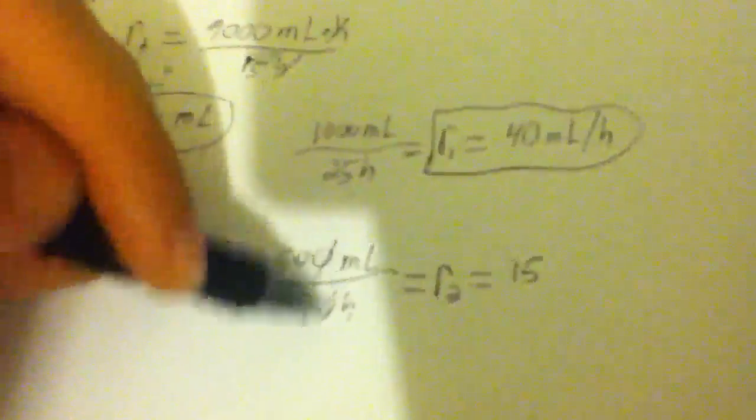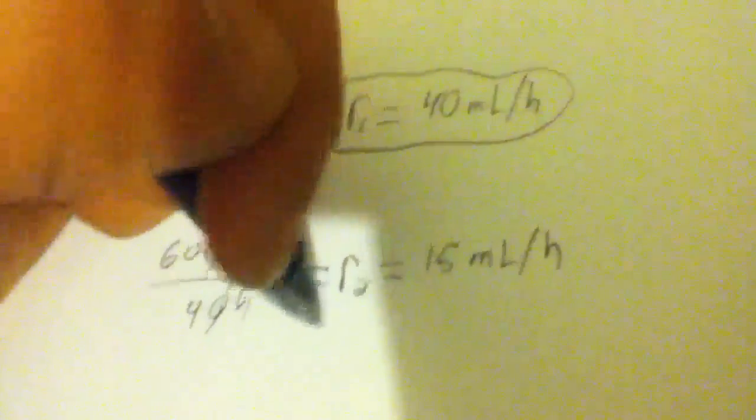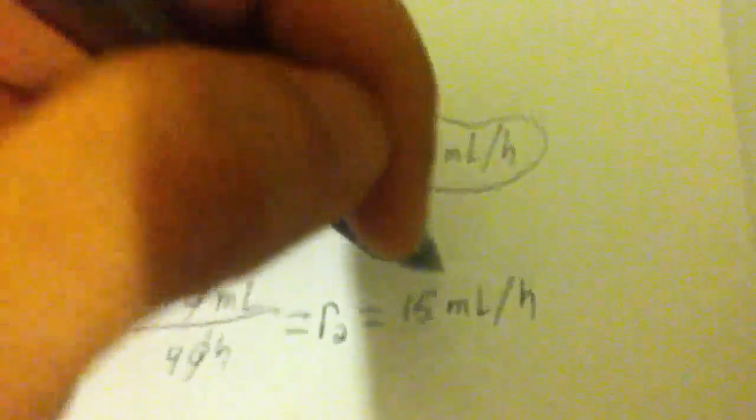Okay, and that's equal to R2, and R2 is equal to 15, because if we cancel here, 4 goes into 60, 15 times. Okay, so that's 15 milliliters per hour. And again, the units are consistent and they match as a rate, and that's what we wanted.